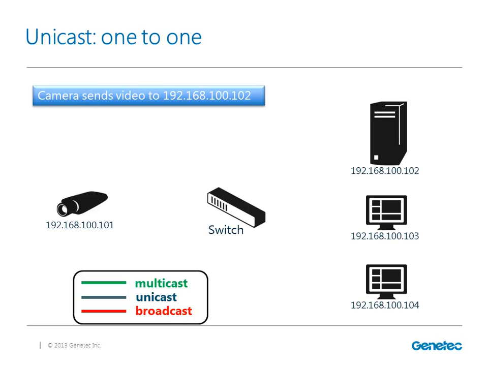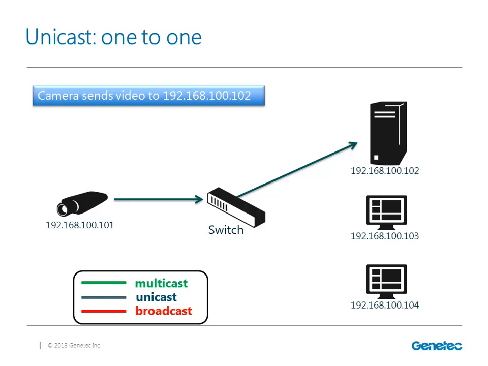So, if an IP camera, for example, sends packets to destination IP 192.168.100.102, when the packets arrive at the switch will manage this as a unicast address, one single source, one single destination.